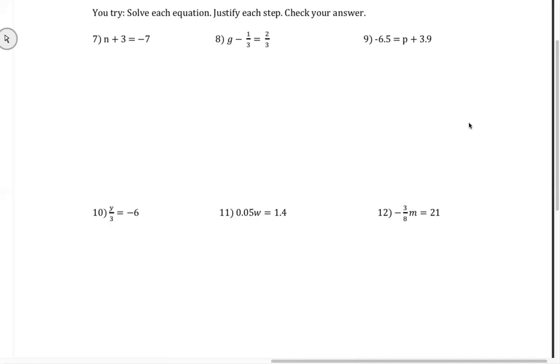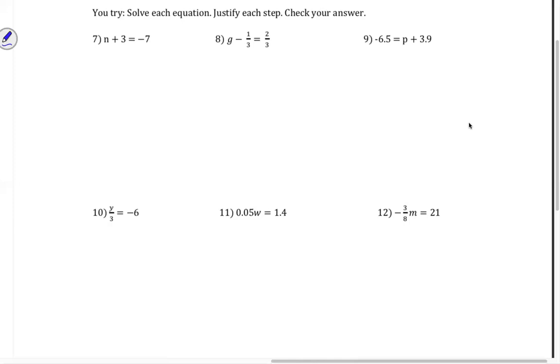And let's keep this going. Olivia, you there? Yeah. How did you do number 7? I subtracted 3 from both sides and got n equals -10. Perfect.